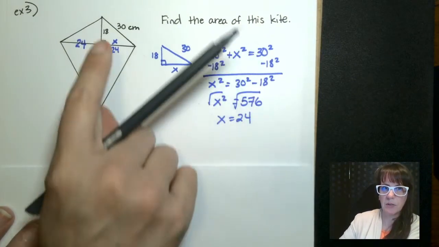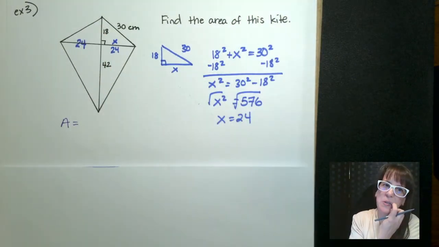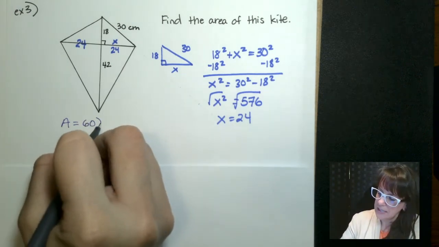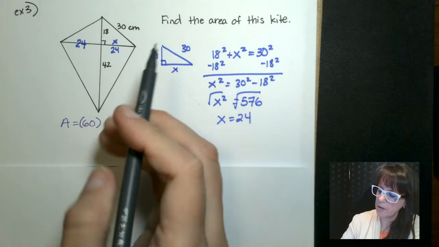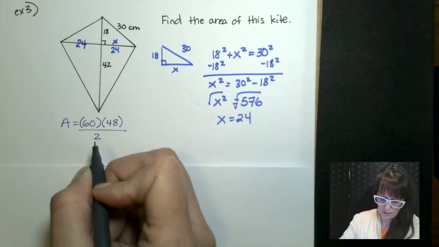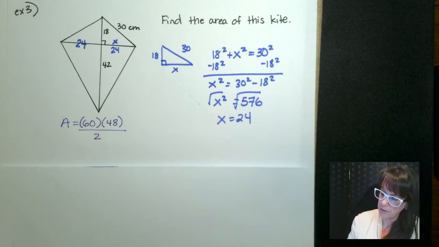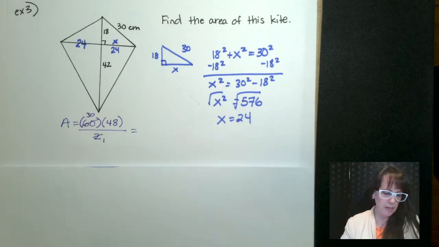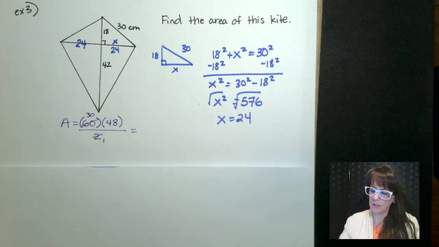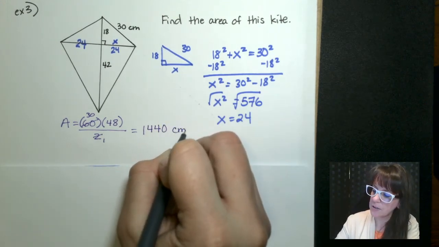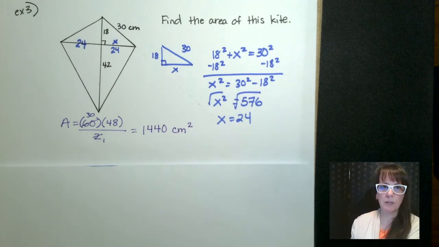Oh, it helps if I put you on the screen. 18 and 42, so that is 60, times 24 plus 24 is 48, divided by 2. Okay, so if we do that, divide this by 2, we get 1. Divide this by 2, we get 30. So we end up with 48 times 30, which gives us 1,440 centimeters squared. Centimeters squared for that area.